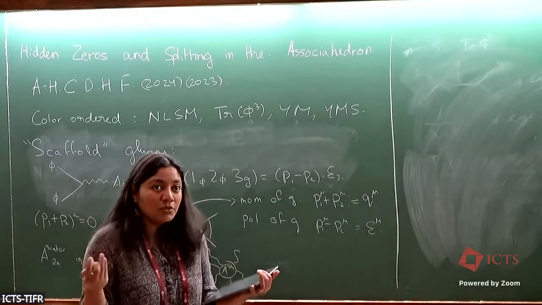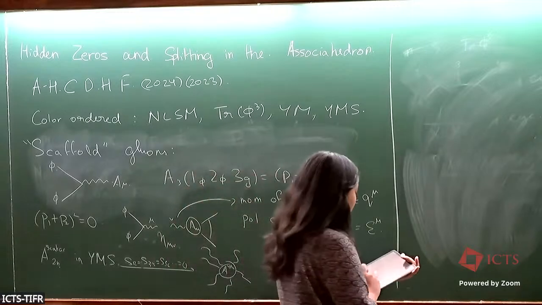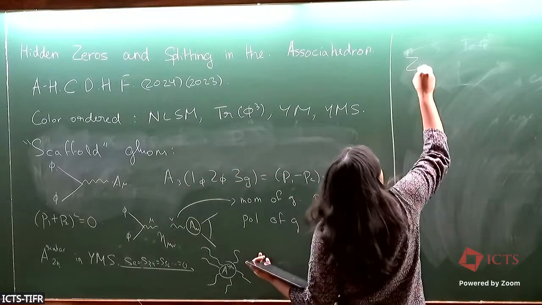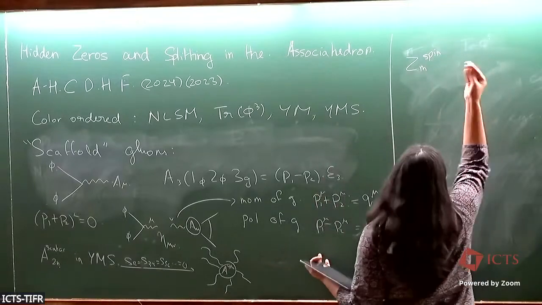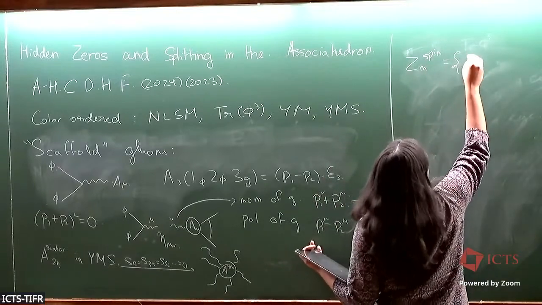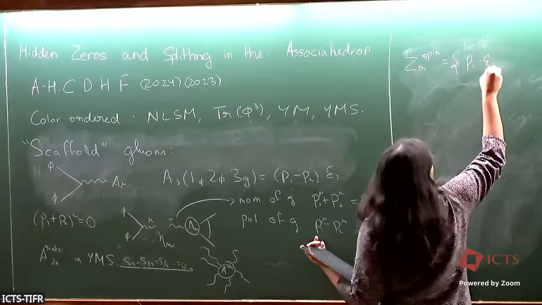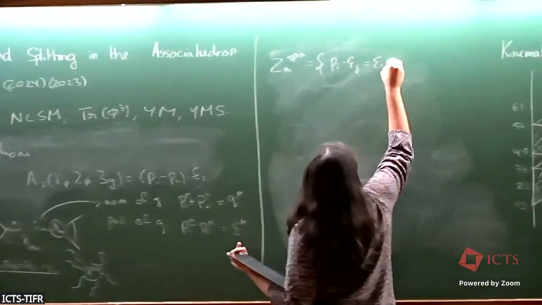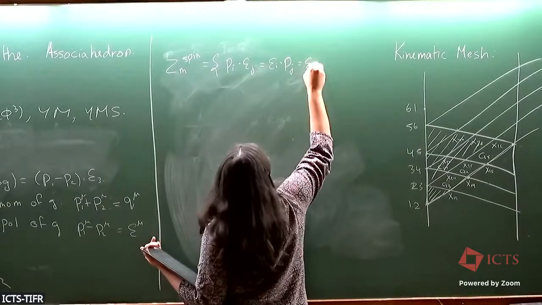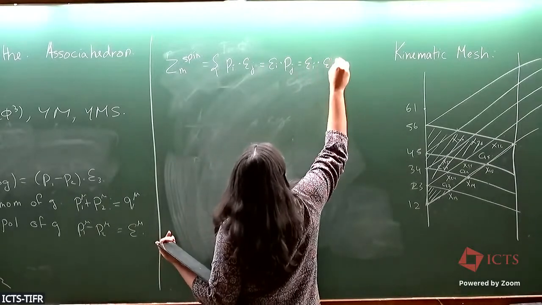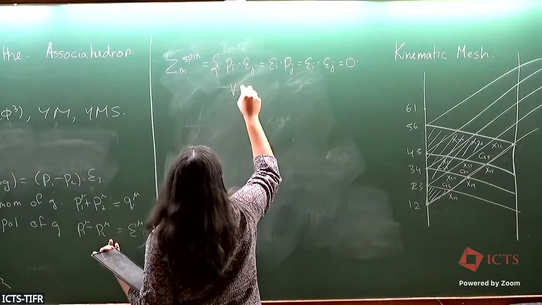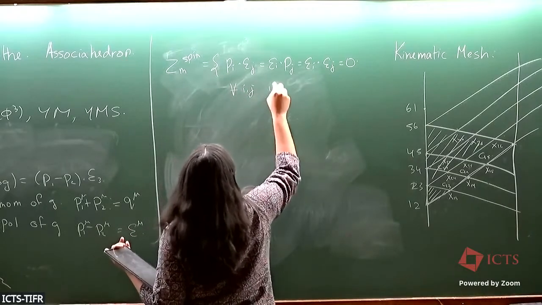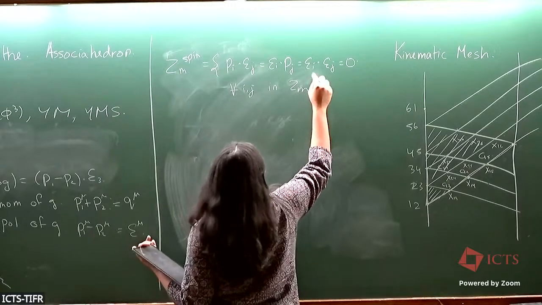I can just do this trivial rewriting. And so Z_m with spin, these are d-dimensional Yang-Mills zeros, are just when you say epsilon_i · p_j, epsilon_i · epsilon_j equals 0 for all i, j, and Z_m with no spin.